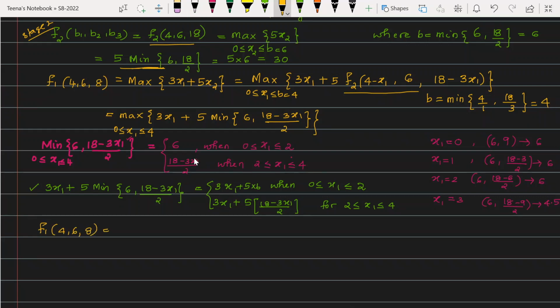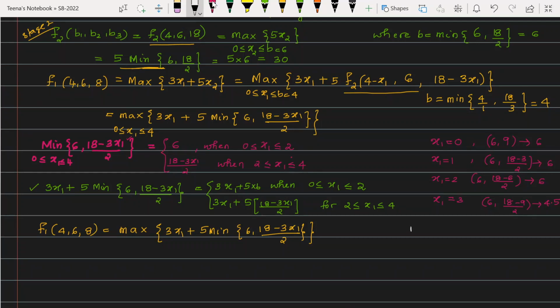F1468 is equal to the maximum of 3x1 plus 5 into minimum of 6 comma (18 minus 3x1) by 2. Okay, now please listen here for a moment.